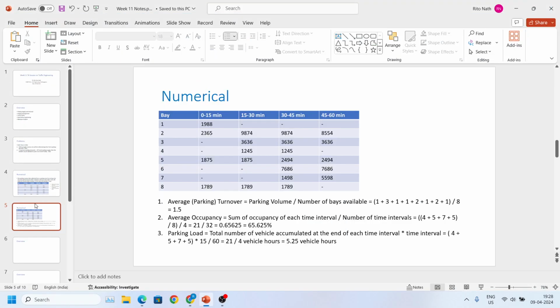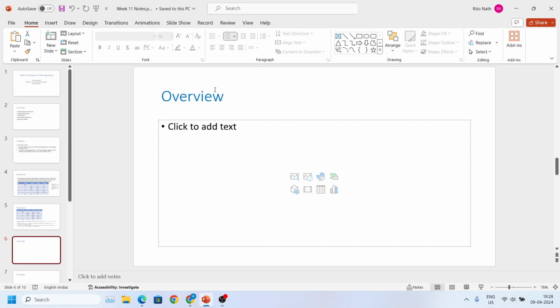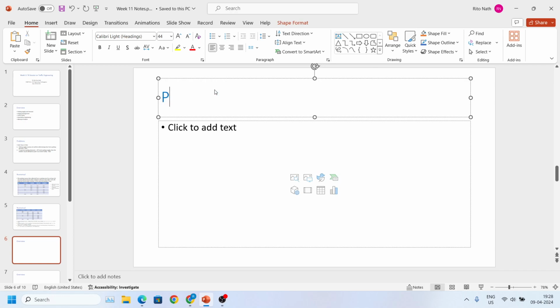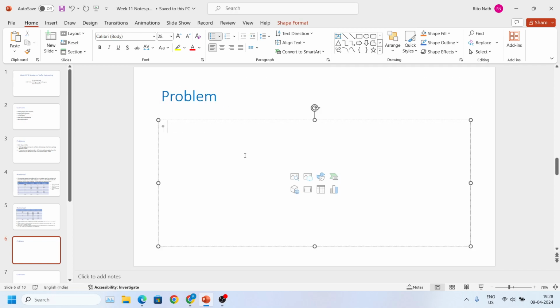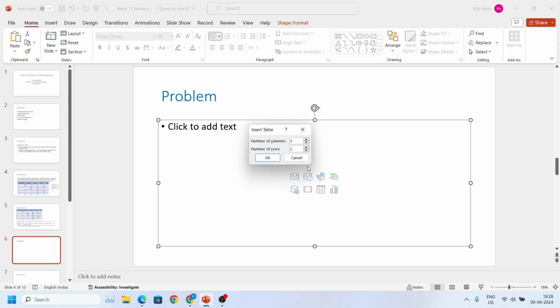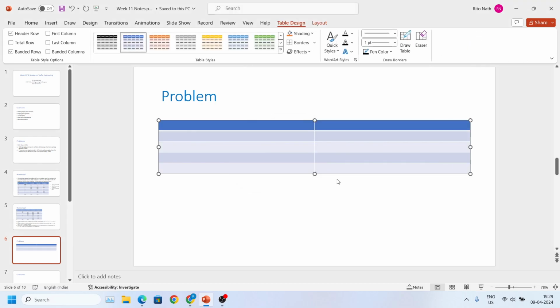So let's move to the next one, which is a matching type problem. Not numerical as such, but anyway, it's easy to solve. So here I'll create a table. This is column X. We have to match it with column Y entries.